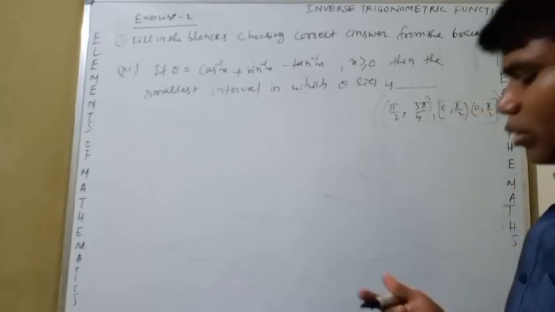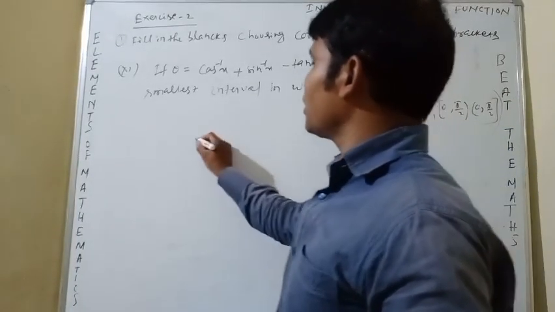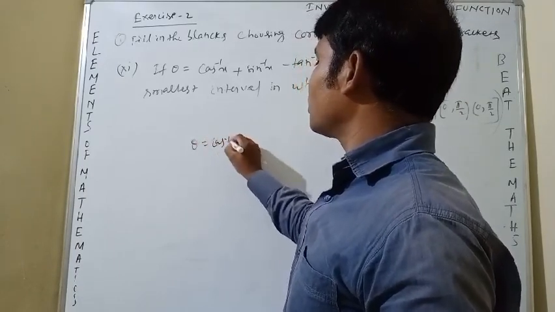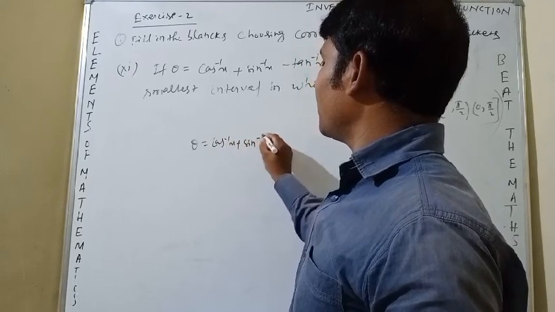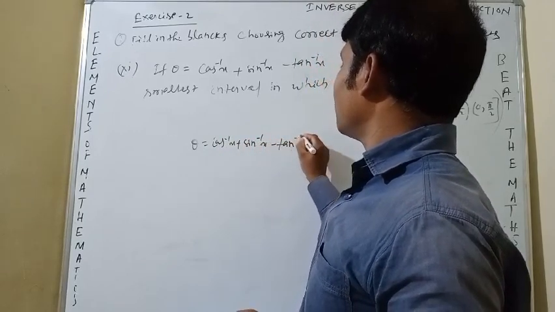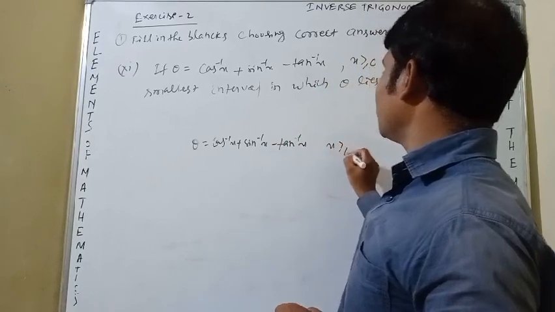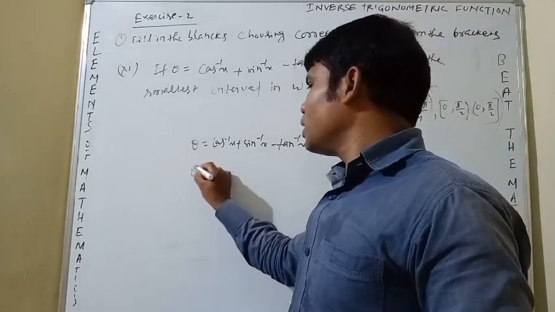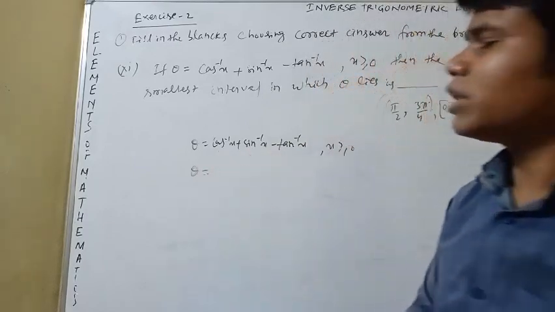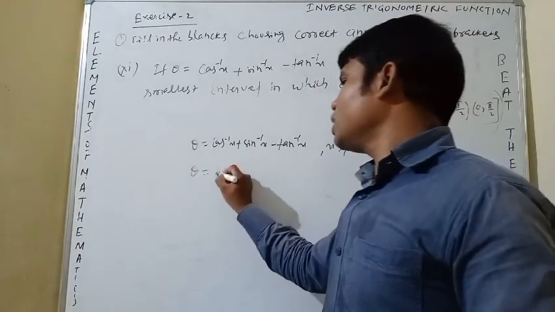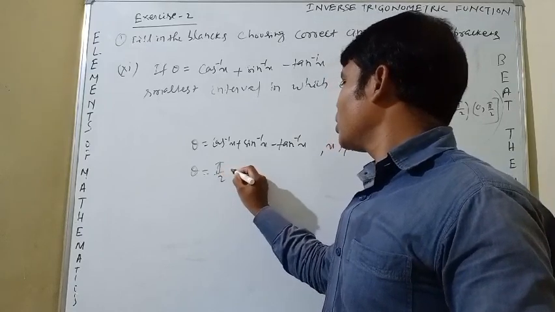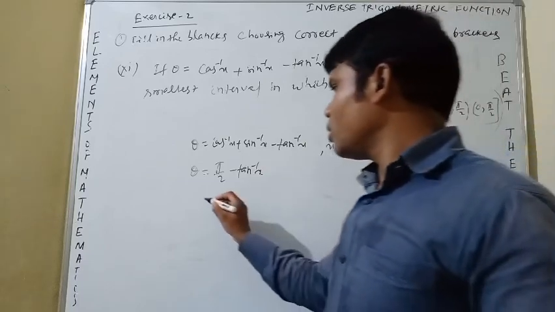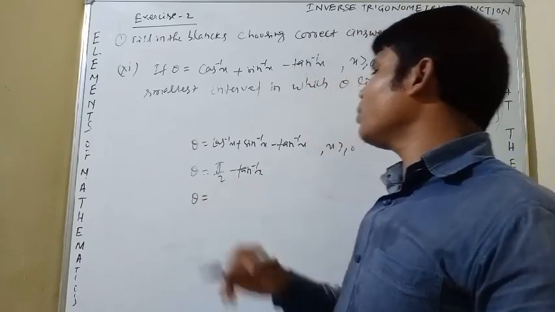So you see, theta is equal to cos inverse x plus sin inverse x minus tan inverse x, and the condition given is x greater than 0. That means theta is equal to, you know the formula, cos inverse x plus sin inverse x, that is pi by 2 minus tan inverse x.